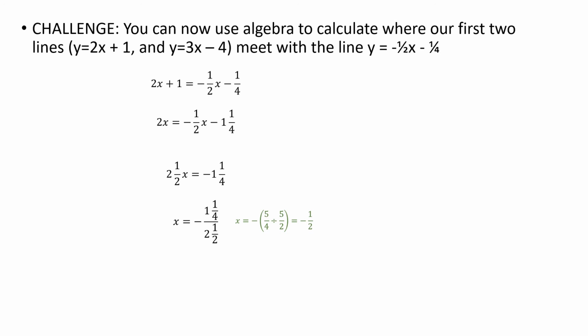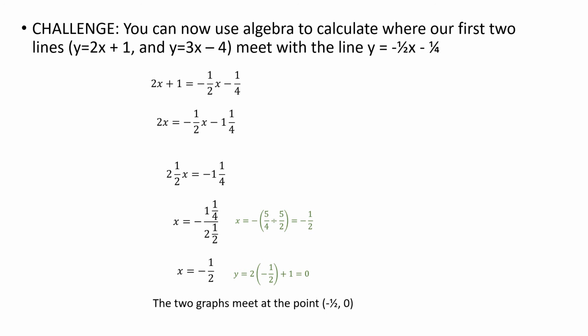And if you're familiar with dividing and multiplying fractions, you can quickly work out that that will come out to minus a half. We can now see that x is minus a half, and y we can work out with either equation is now going to be 0.